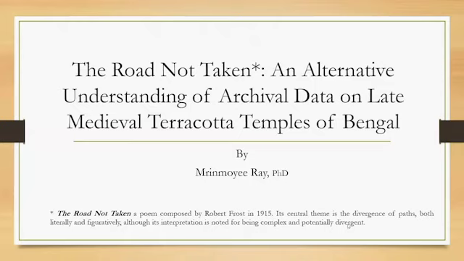The title of my paper is The Road Not Taken: An Alternative Understanding of Archival Data on Late Medieval Terracotta Temples of Bengal. The title of this paper is from the poem by Robert Frost about the divergence of paths in search for alternative questions and their answers.